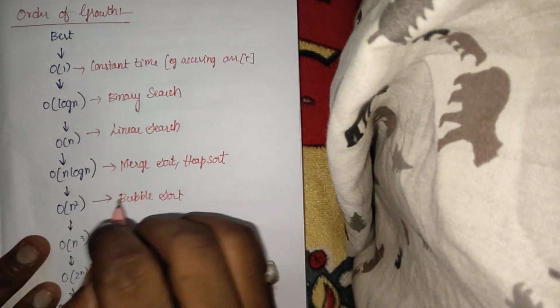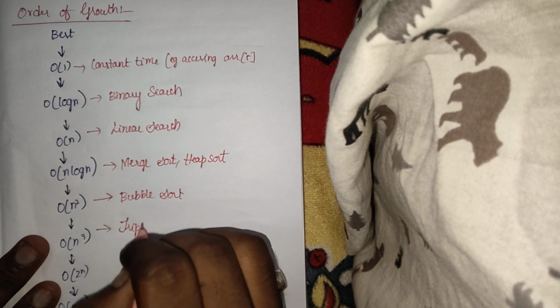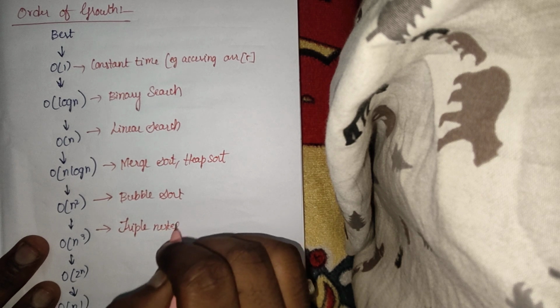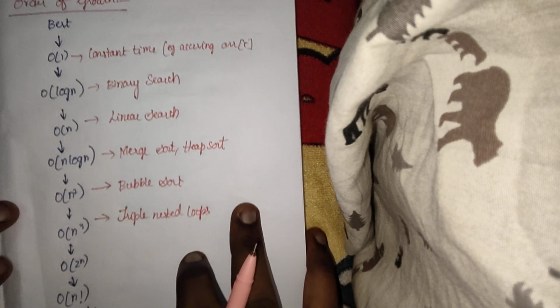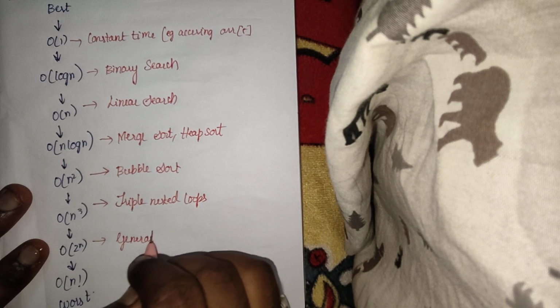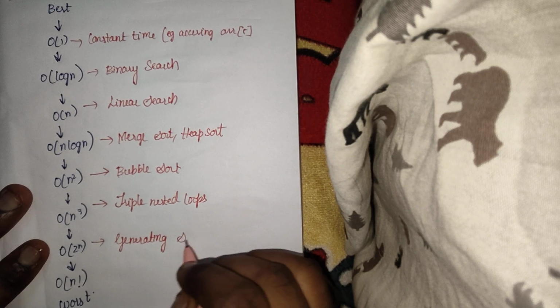is O of n square. O of n cube is triple nested loops. O of 2 power n is generating subsets.